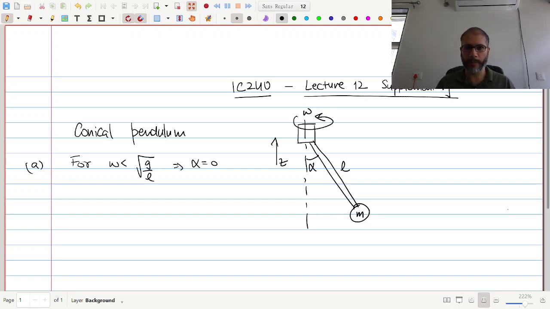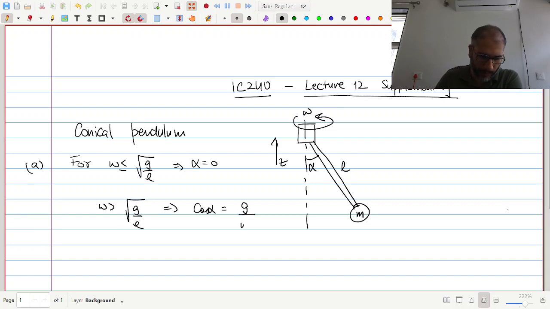So the bob simply rotates without the rod making an angle alpha. And if omega was greater than square root g by L, so it was large enough omega, then the solution was that cos alpha is equal to g upon omega squared L. This is something we found out last time.